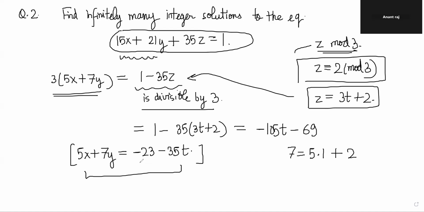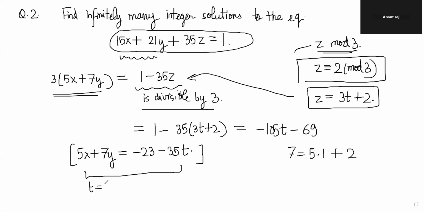Basically, we can start by doing t equal to -1 or 0 and see what the possible solutions for x and y are.